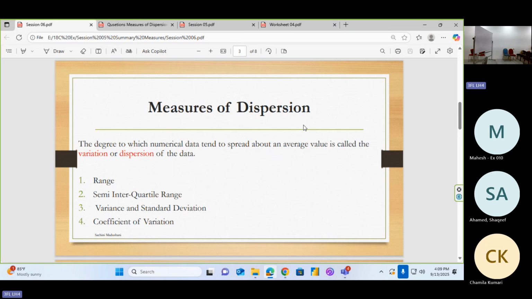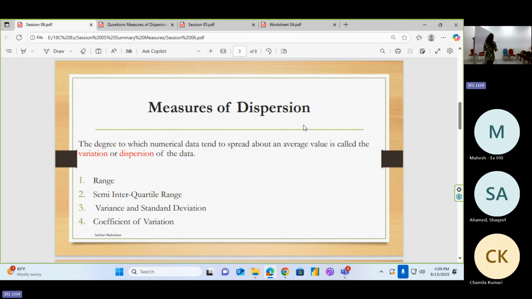In the measures of dispersion, we find out the variation or variability of the data set. Then the measures of dispersion represent what? It gives information about the variability of the data set. Clear? Using the measures of dispersion, we can identify the variability of the data set.